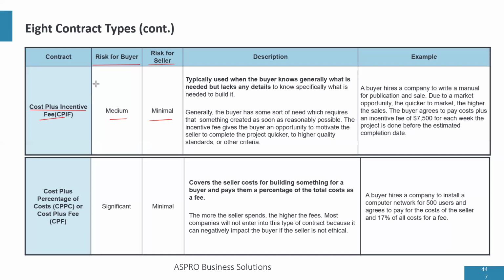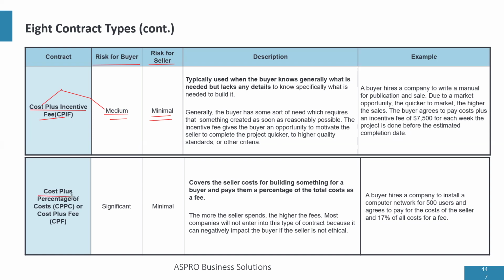So the buyer pays both the cost of the work and incentive, and the seller just gets everything. So no pressure on the seller. The buyer is concerned because he doesn't have an idea of the cost, and is also concerned about the incentive fee. But the seller does the work and enjoys everything.